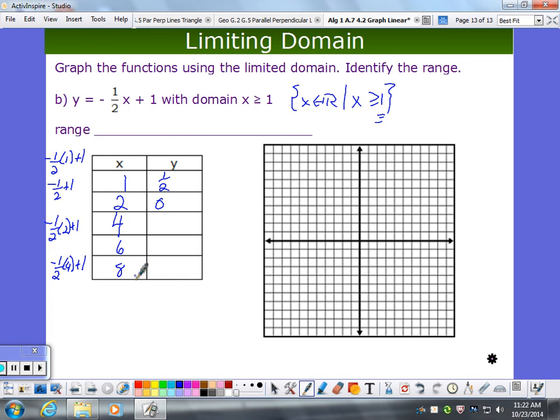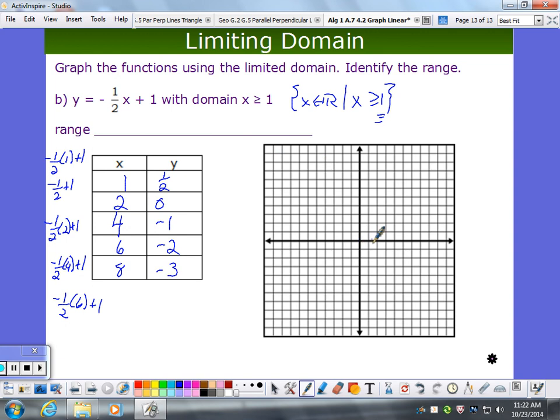Negative half of 6 plus 1. Half of 6 is 3, negative, so negative 3 plus 1 is negative 2. Negative half of 8 is negative 4, plus 1 is negative 3. Okay, now I can start graphing.